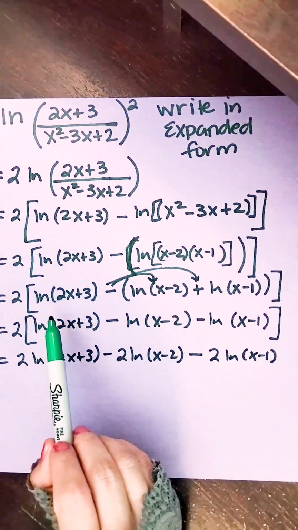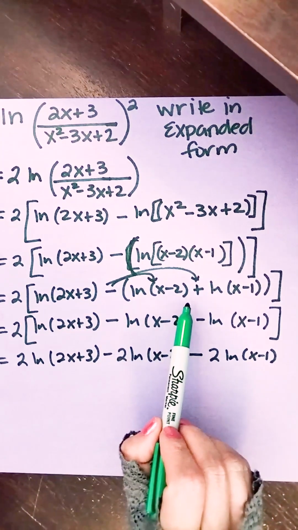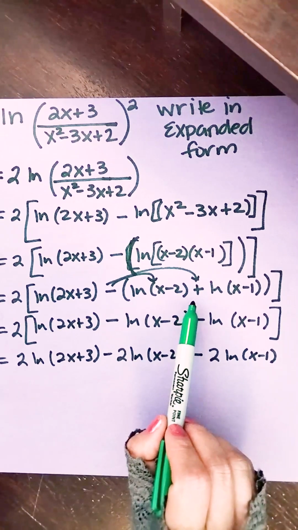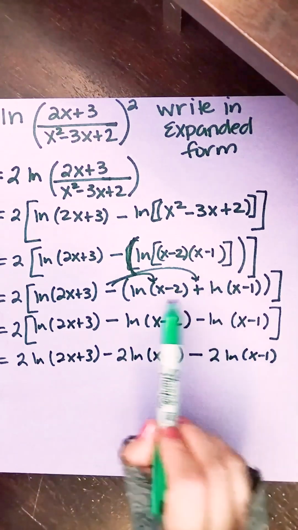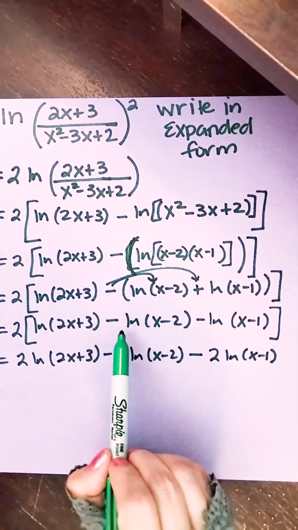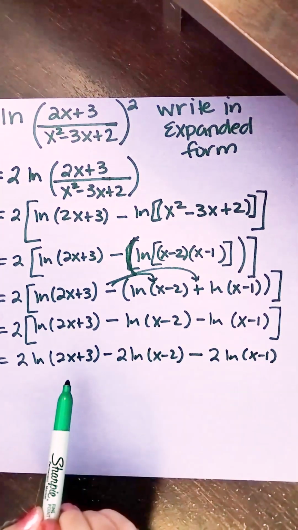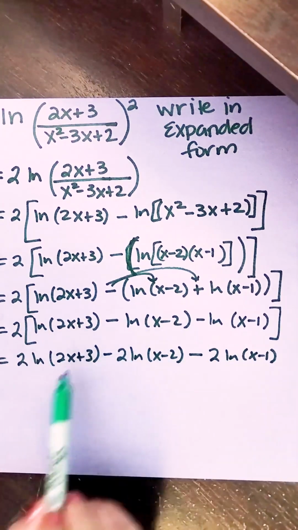And in this next step, I use the product property of logs, so I wrote it as a sum of the logs of both factors. Then I distributed the minus sign throughout, and then I distributed the 2, I multiplied 2 to all of this.